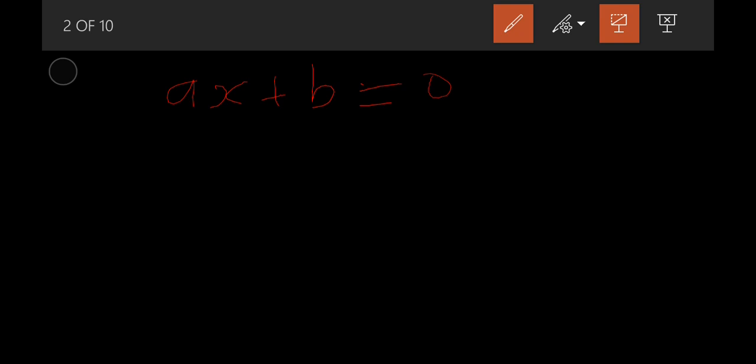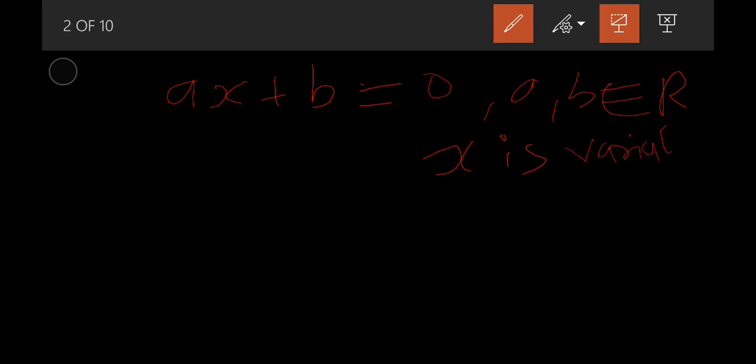It is the standard form of linear equation in one variable, where a and b belong to R, meaning the values of a and b are real, and we know that x is a variable.